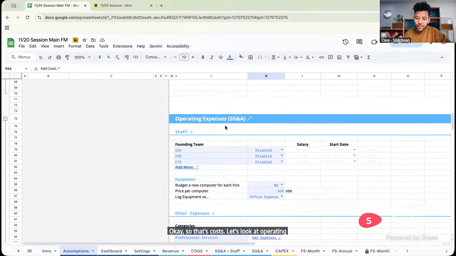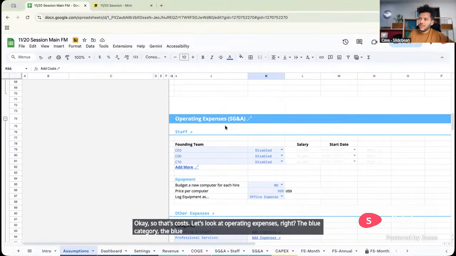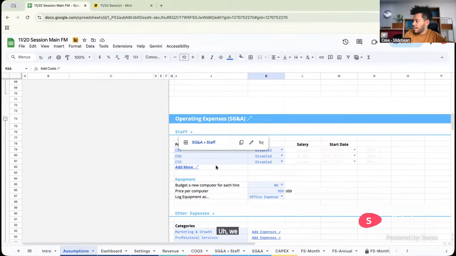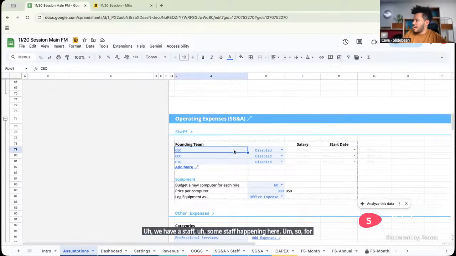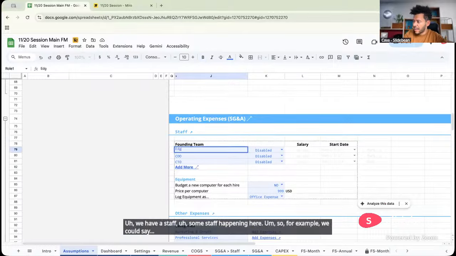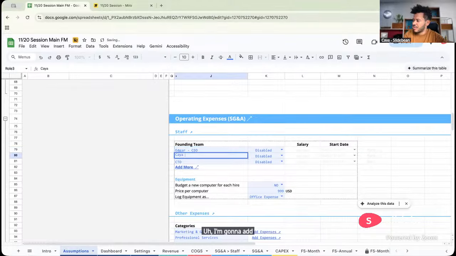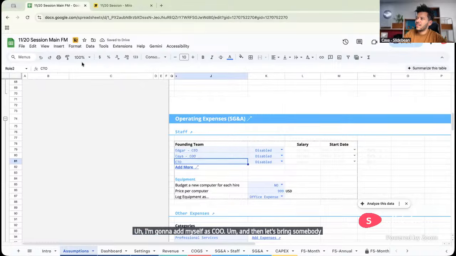The blue category of expenses. We have some staff happening here. So for example, we could have Edgar be the CEO. I'm going to add myself as COO. And then let's bring somebody from Zoom.